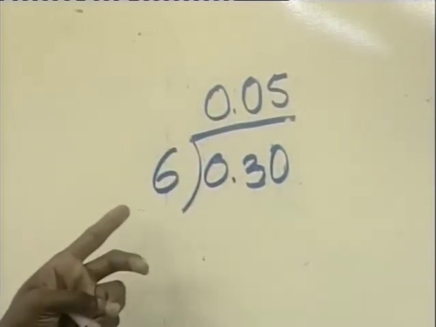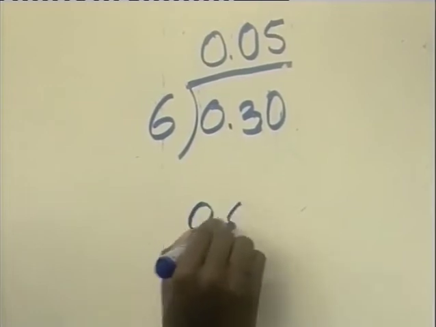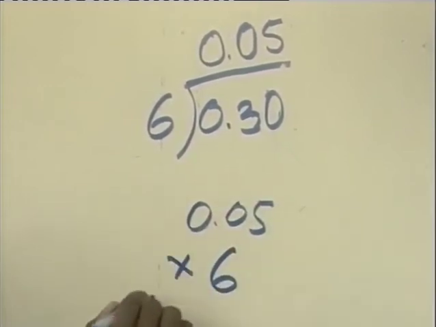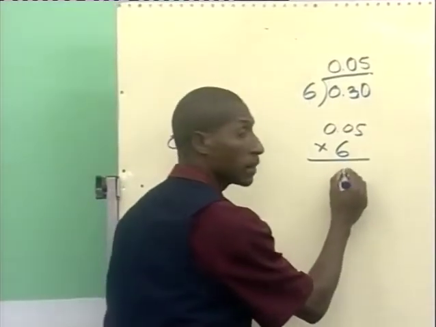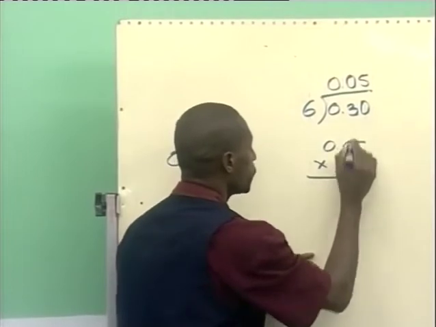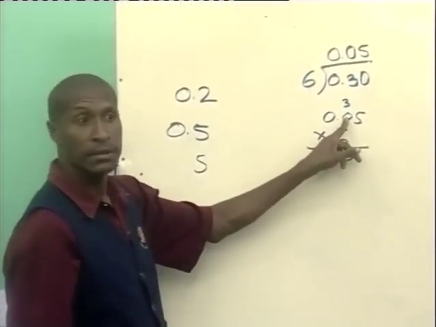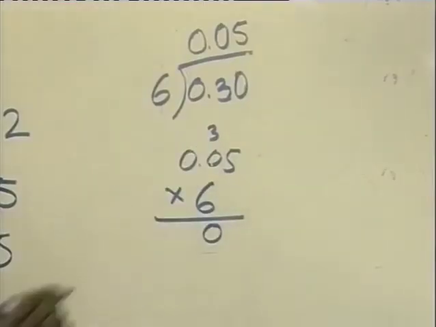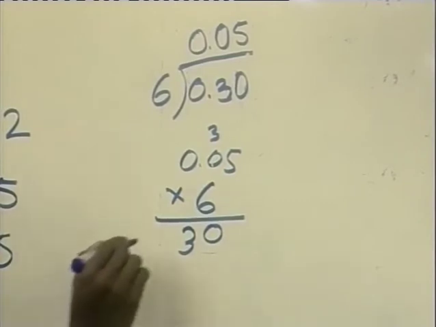Can we check? To prove that our answer is correct, 6 fives are 30. Put down 0, carry 3. 6 zeros are 0. Plus 3, 3. And 6 zeros are 0.